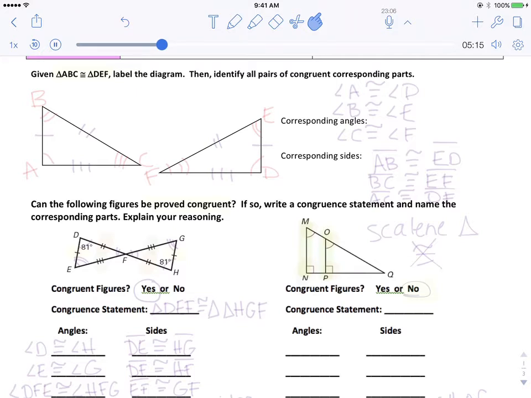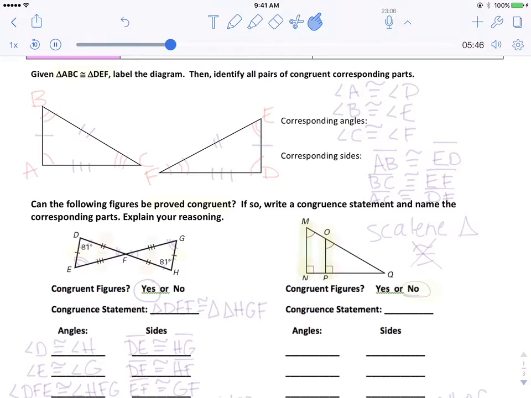So when we see these two triangles, we can say they are congruent because all of their corresponding angles are congruent and all of their pairs of corresponding sides are congruent. So when you have a set of congruent triangles, you should be able to mark them up just like we did on triangles ABC and DEF to show which angles are congruent and which sides are congruent.